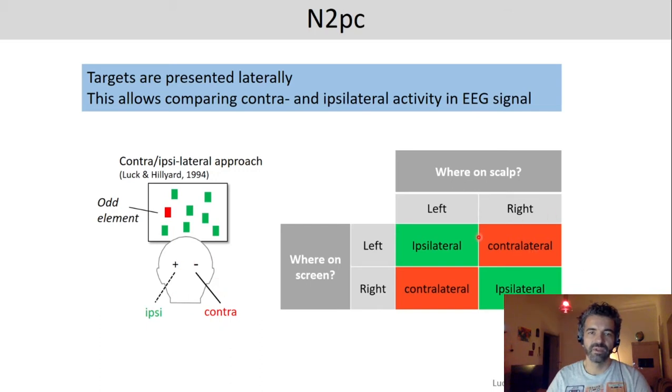So if it's presented on the left side of the screen, contralateral means right on the scalp, and ipsilateral means left on the scalp. And then, of course, if you present the odd element in the right hemifield, it's the opposite.